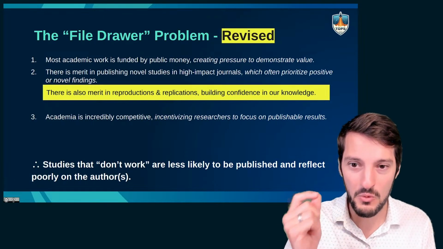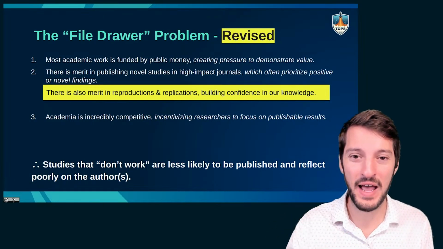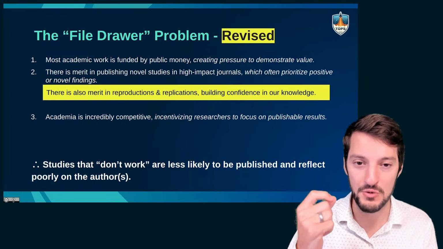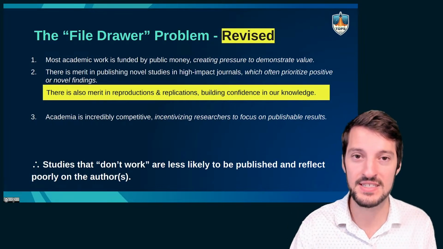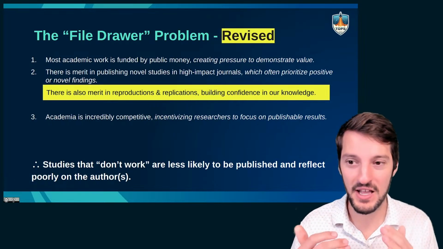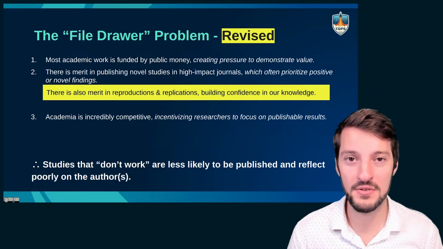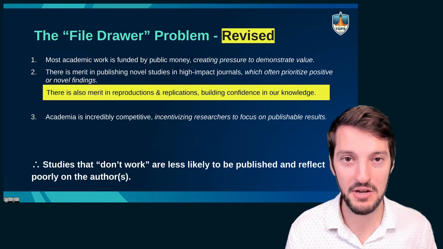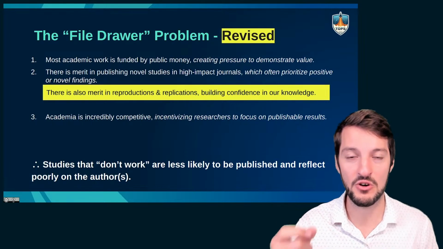And so what we need to do is not just value these novel findings, but we should also value reproductions and replications. And I will say, as an individual, I do value these, but we need to also convince individuals who sit on hiring committees that these types of studies are worthwhile.